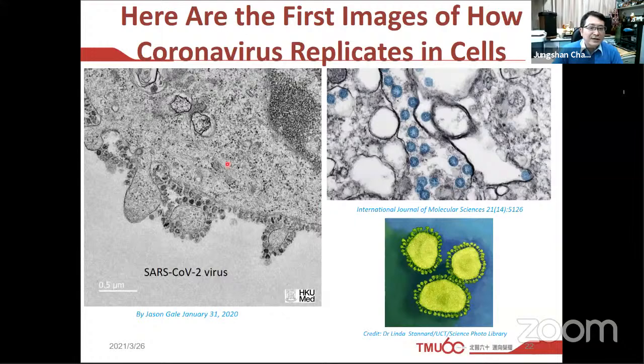They incubated this virus in cell culture and studied its life cycle. You can see this picture on the left side of my slide: viral particles budding out from host cells. This picture tells you about the fusion between the host cell membrane and the virus membrane. So budding, or exocytosis, is their mechanism to release the new virus.